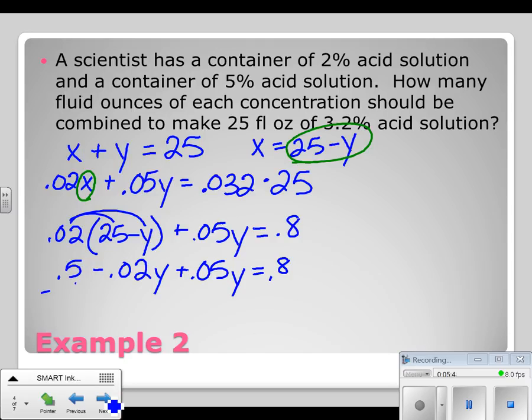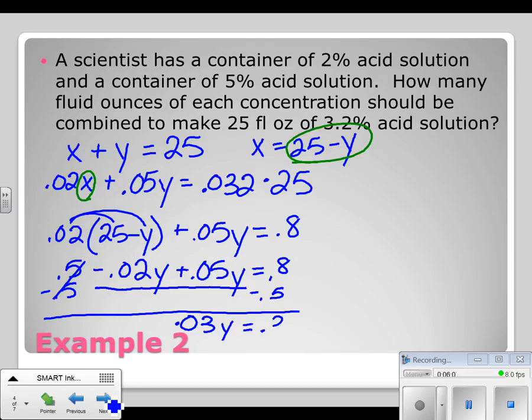Subtract a half from both sides. And we also need to combine our like terms here. If we combine negative 0.02 plus 0.05, then we're left with 0.03y, which would equal 0.3. Divide both sides by 0.03.